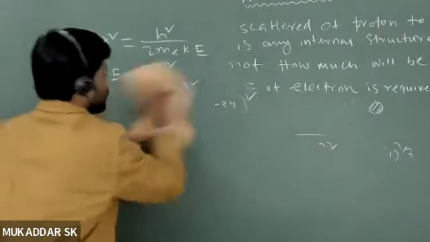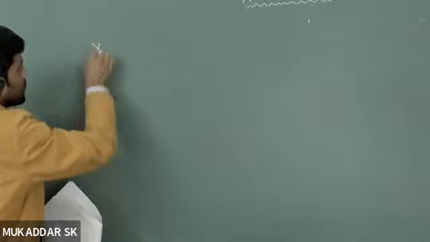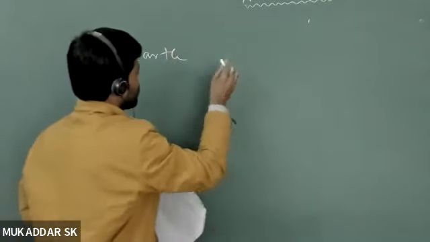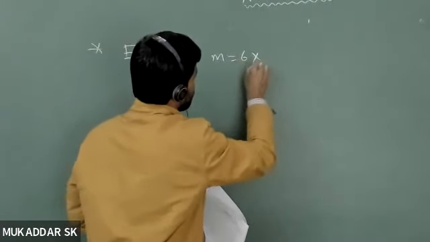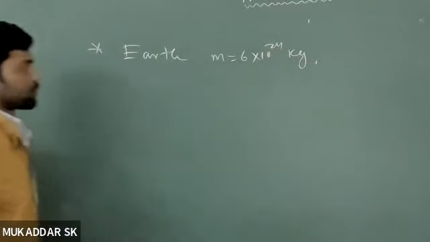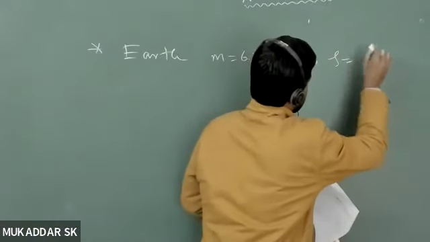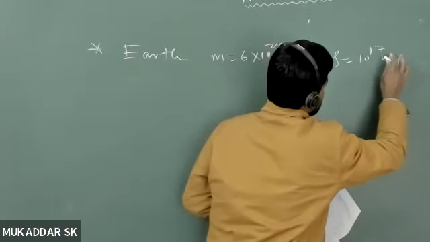Okay, now the next thing that I'm going to discuss. Suppose the mass of the earth is given, that is 6 into 10 to the power 24 kg, and the density of the nucleus is given, that is 10 to the power 17 kg per meter cube.